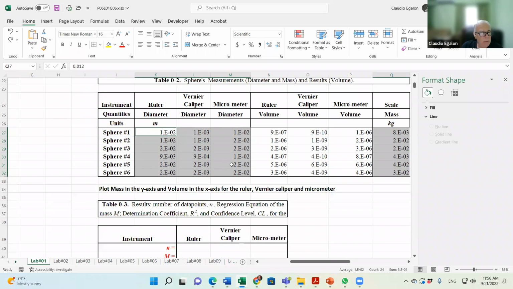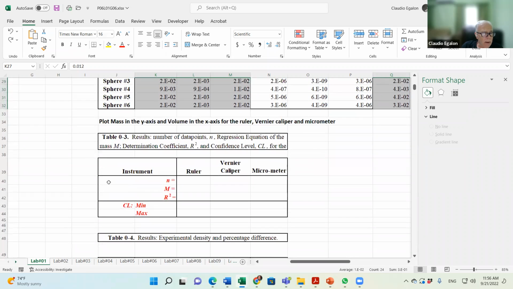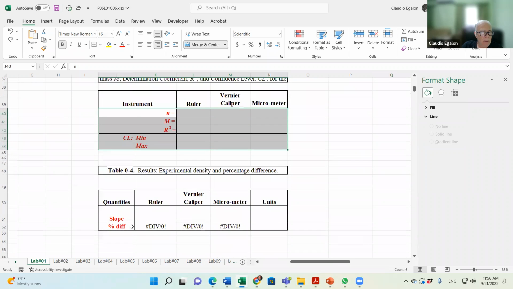Did you plot the graph too, Joshua? Yes, I was able to plot the graph. Okay, good. And then you can do the rest at home, right? Here you go, the CL and blah, blah, blah, right? And what's very important here is the percentage difference. Well, we usually get less than 10%.